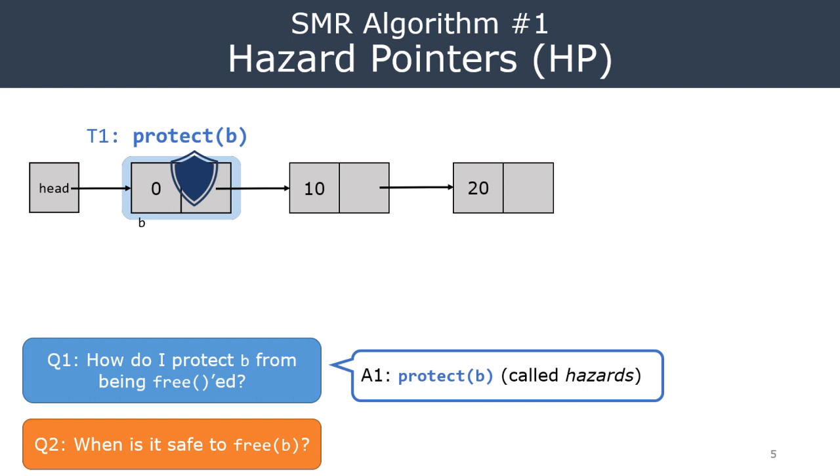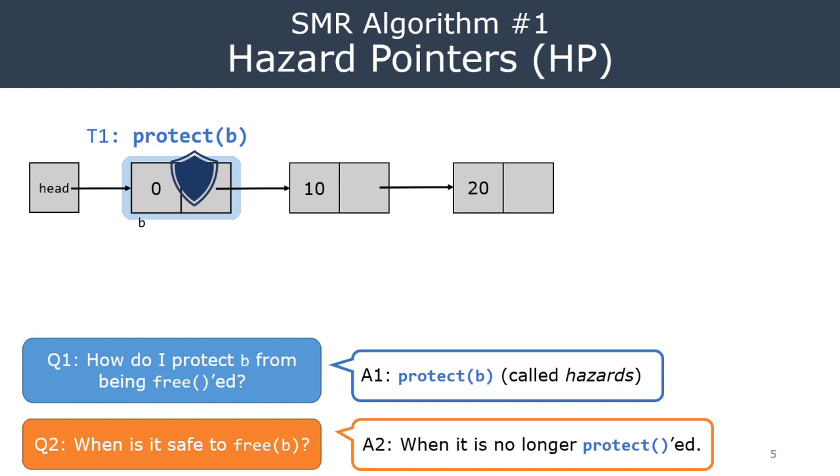Now we want to make sure that this block is not concurrently accessed by any threads. In order to do so, we read the list of protected pointers of all the threads, and if B is not contained in any of the lists, that means that the block B is no longer protected by anyone.